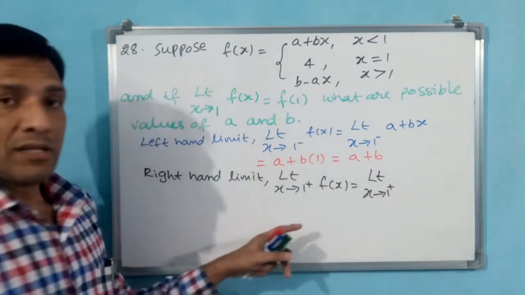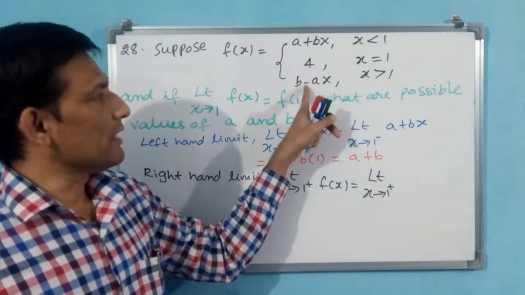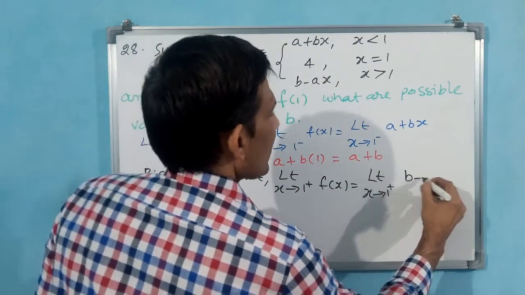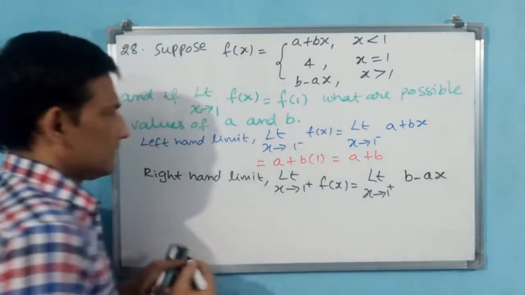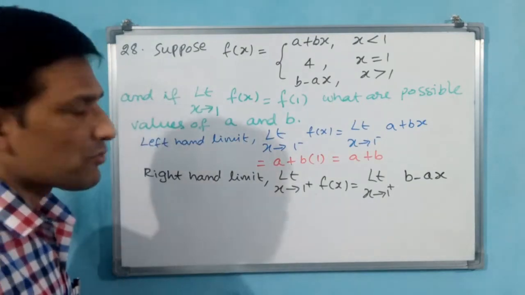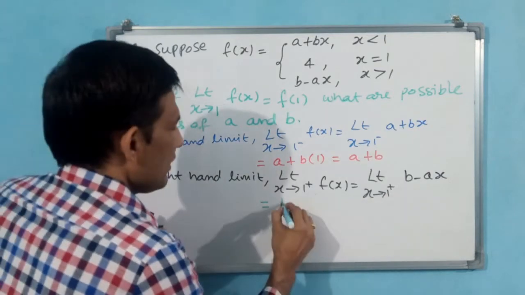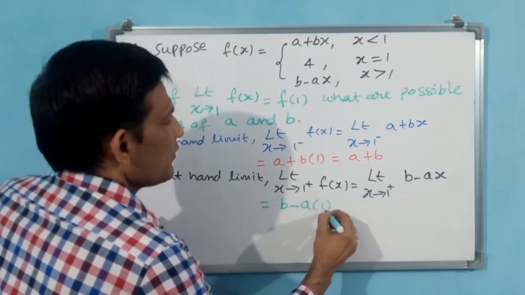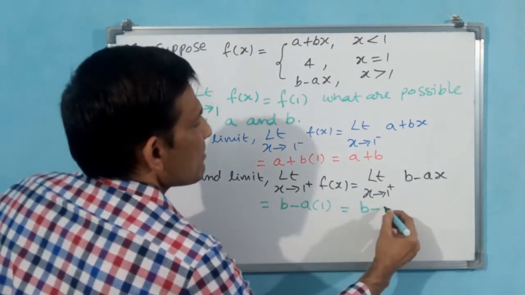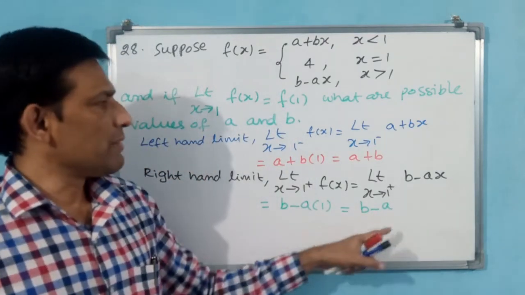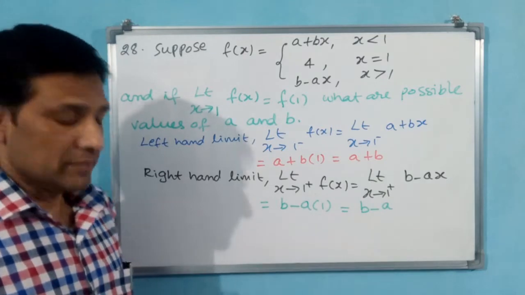You see, slightly greater than 1 means this you have to take, b minus ax. Okay. B minus ax. This value also substitute now. That is equal to b minus a into 1. That is equal to b minus a. Okay. A into 1 is a. B minus a. See, a plus b, b minus a have come.